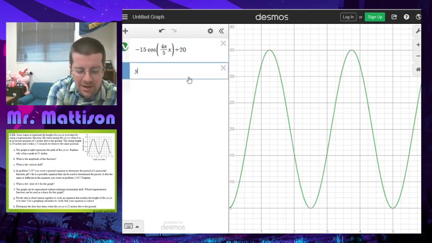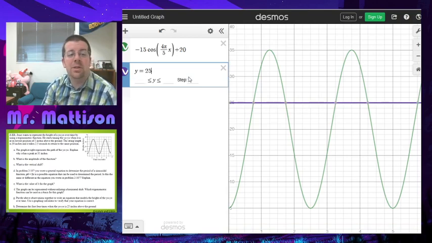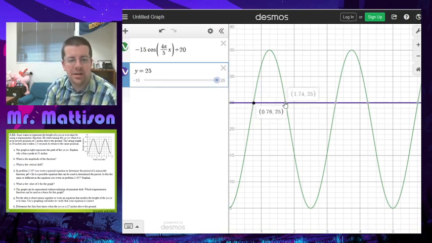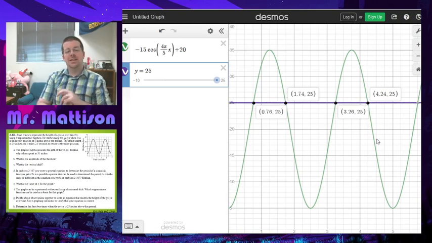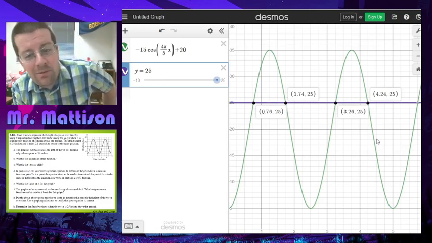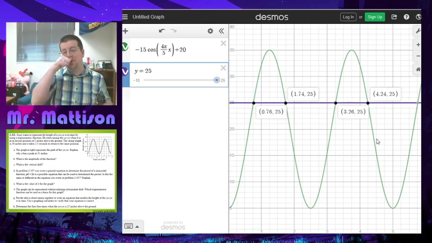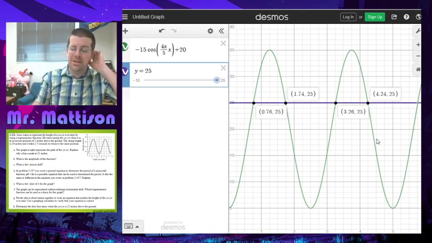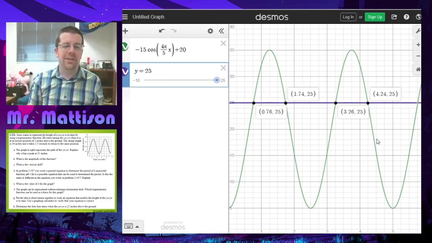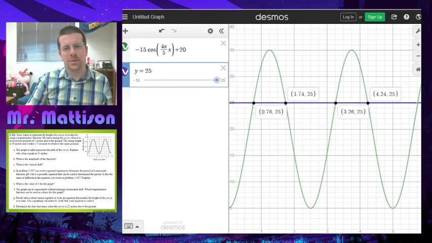Just let's us graph y equals 25 and look for those intersections. There, there, there, and there. So at time 0.76, time 1.74, time 3.26, and time 4.24, that's when my yo-yo is exactly 25 inches above the ground. Okay.